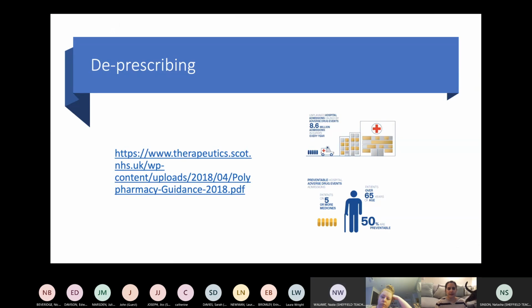So I just wanted to talk a little bit about deprescribing, because I just think it's so important in the older person. And I think when you think about deprescribing, you also think about what you are going to prescribe. So it just helps your mindset. So this is the link, which when I send these slides out, will obviously be on the slides that you can use.